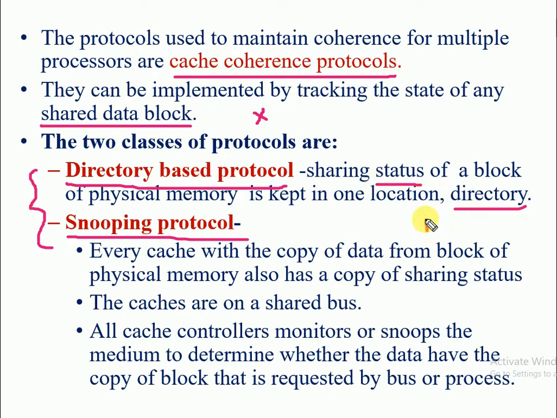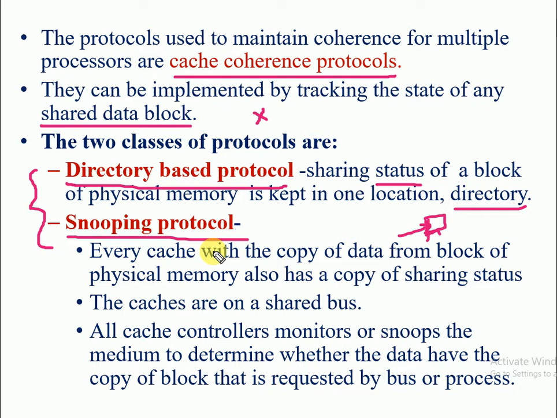By looking at that single directory, everybody can understand the current status of the data. That is called directory based protocol, which we will discuss in some other presentation. Here we will focus on the next mechanism, called snooping protocol.